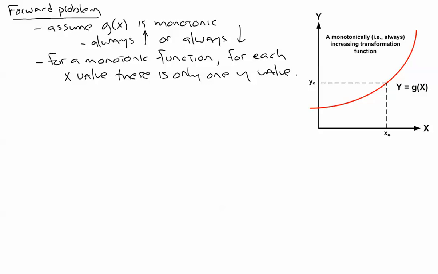Okay? Pretty clear. So for example, over here, I've got an x naught, and there's exactly one value of y naught. Okay? All right. So let's first consider that g of x is increasing.